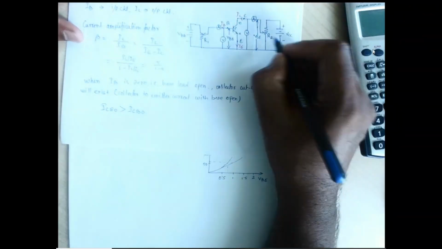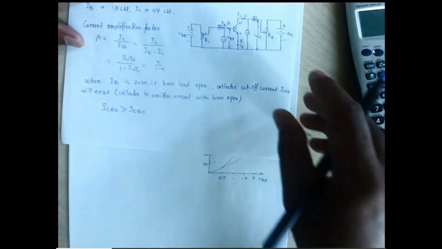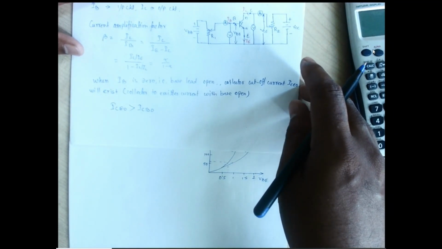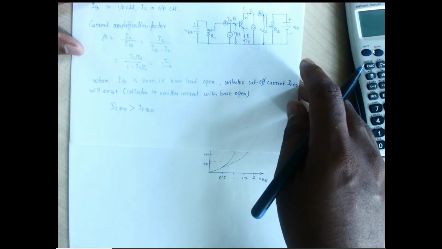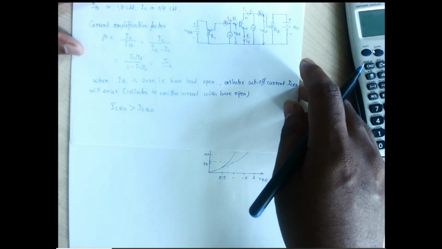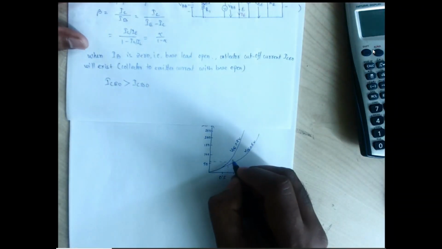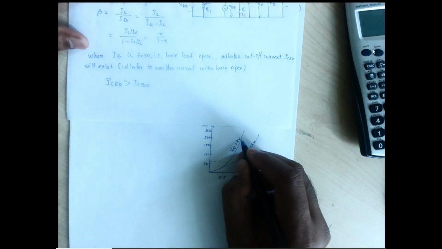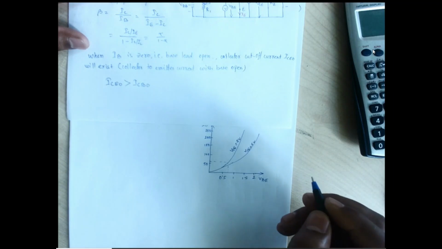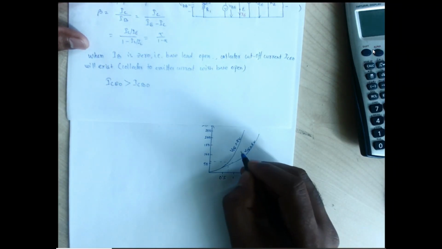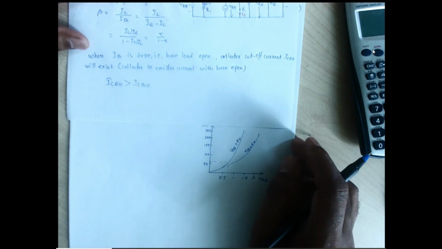When this VCE increases, the voltage across the collector and emitter increases, causing the input current IB to be lower for a given value of VBE. So if we consider a certain increment in the VCE, for the same voltage of VBE, we find that the IB is quite lower.